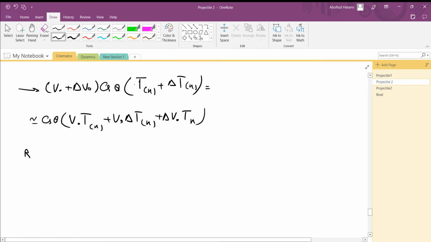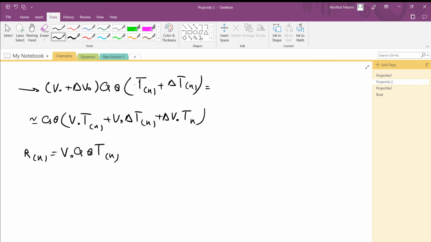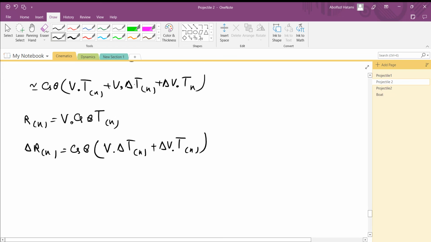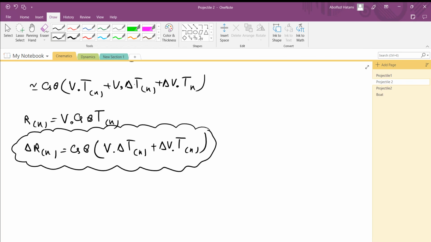So we understood that rn is going to be v0 cosine of theta tn, and delta rn is going to be just cosine of theta times v0 delta tn plus delta v0 tn. We found out that delta rn is something like this.